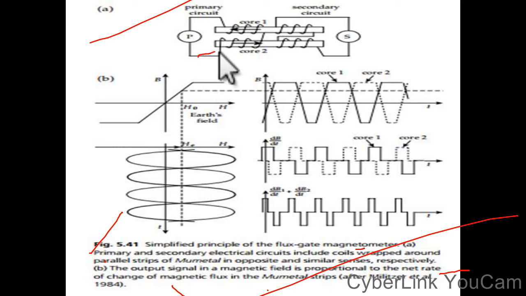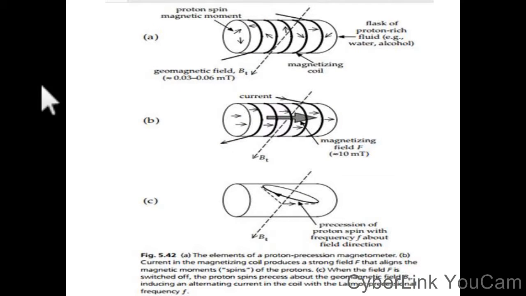Here you can see primary circuit, secondary circuit, core 1, core 2. Here is the circuit, and with the fluxgate magnetometer we measure. The electronic circuit you have here, and the magnetic field signal we are looking at.